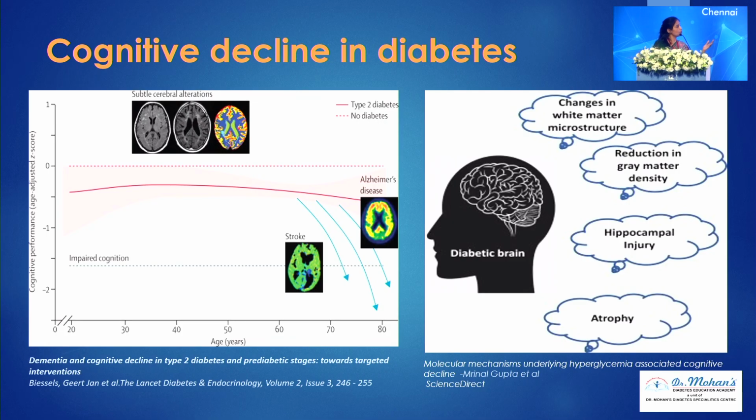There can be changes in white matter microstructure, reduction in gray matter, hippocampal injury, atrophy, and a lot more, which can lead to accelerated cognitive decline. Many of these you can pick up at a phase where you can prevent permanent damage. Vascular dementia or Alzheimer's can be picked up early if you look into cognitive decline early in your routine diabetes checkup.